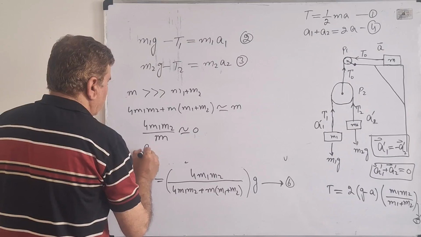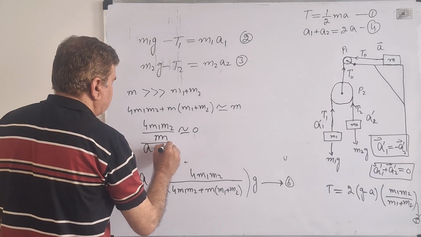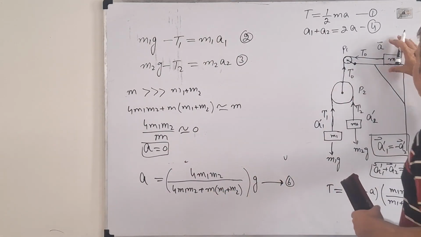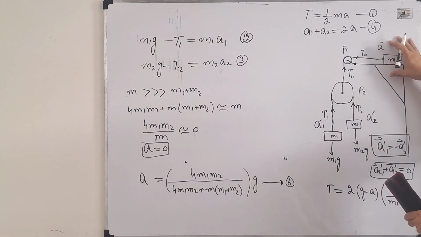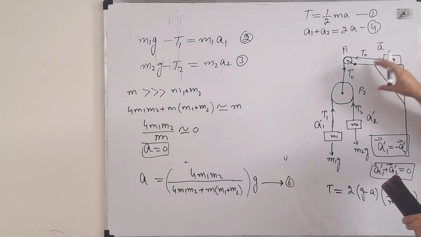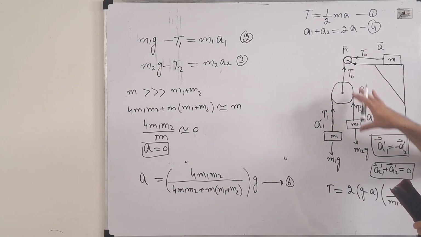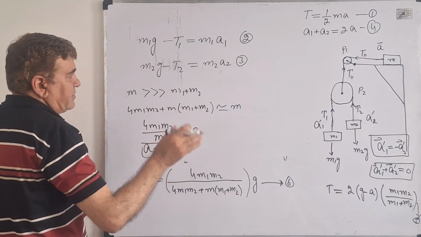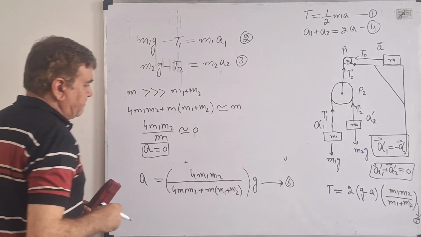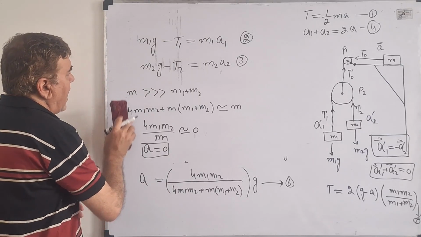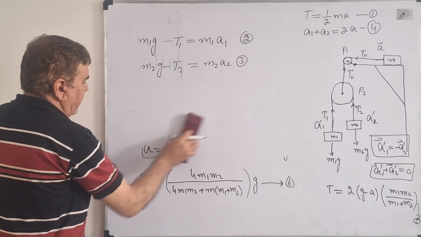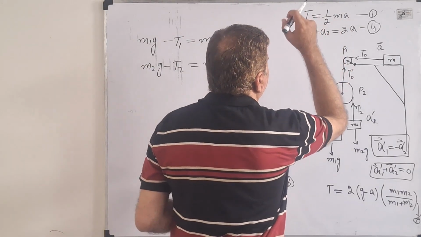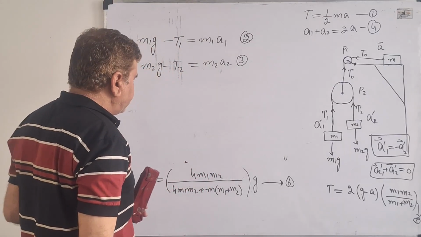This approximation leads to a equals 0, and that is what we see in our common life. If this mass is very heavy, there will be no acceleration in any part of the system. So we retrieve the same observation from our equation. Now I can use this value of acceleration in equation 1 to find T.